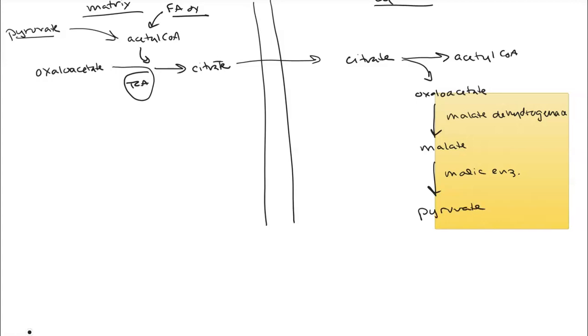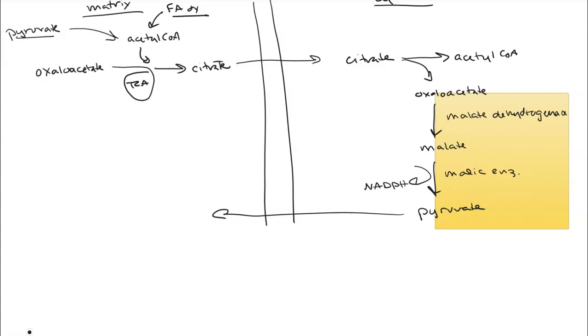And then pyruvate can cross to the other side through active shuttling. And what's neat about this is that in the steps, malate dehydrogenase needs to consume NADH, but malic enzyme produces an equivalent of NADPH.